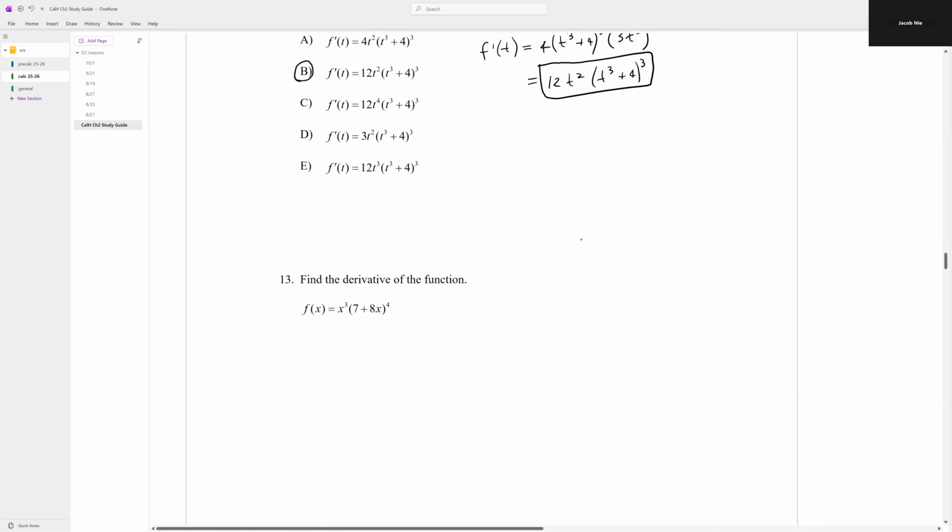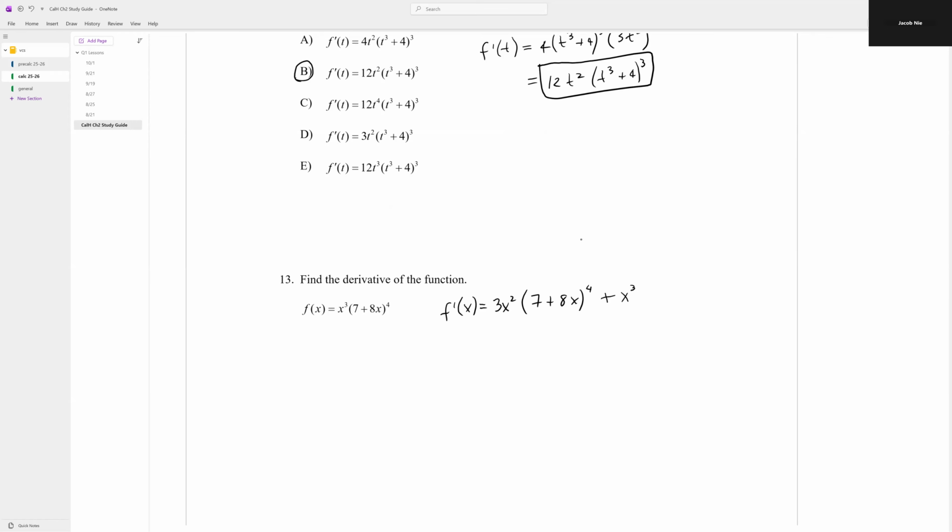All right. So product rule first. I'm going to find the derivative of the first factor, leave the second factor alone. That's 3x squared times 7 plus 8x to the fourth. And now I'm going to leave the first factor alone. X cubed stays the same. And now I have to find the derivative of the second factor, sorry.